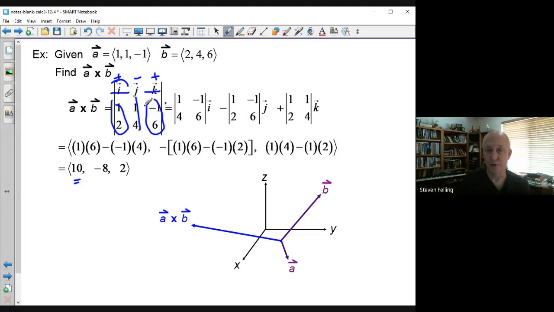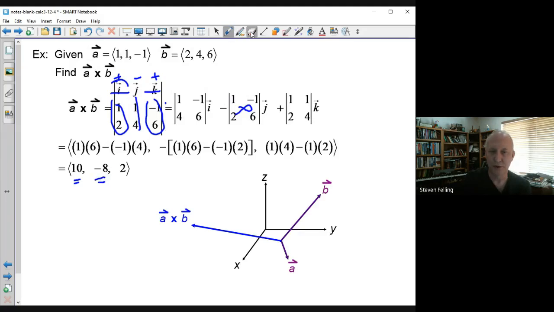And so the determinant would be of 1, -1, 2, 6. So that's going to be 1 times 6 minus -1 times 2, which turns out to be 8. But because we're in this second column here, we have to negate that. So we get -8 as the final result for the y component.